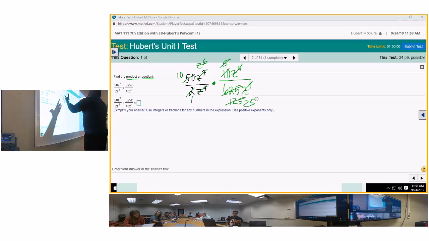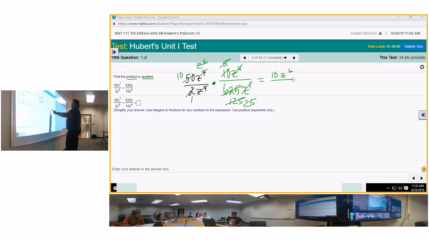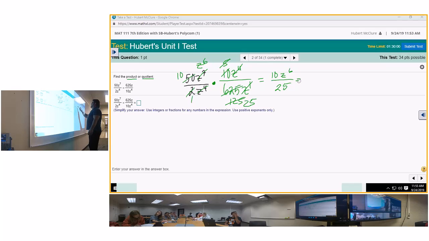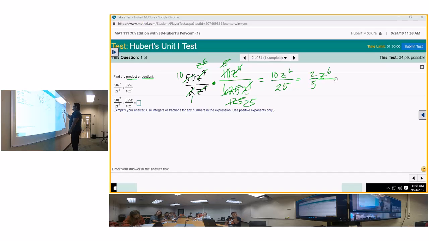So what's 10z to the 6 times 1? 10z to the 6th. And 1 times 25 is 25. I could have done 25 and 10. So that's 2 over 5, z to the 6th. Or 2z to the 6th over 5. Or 2/5 z to the 6th. I don't care how you write it.